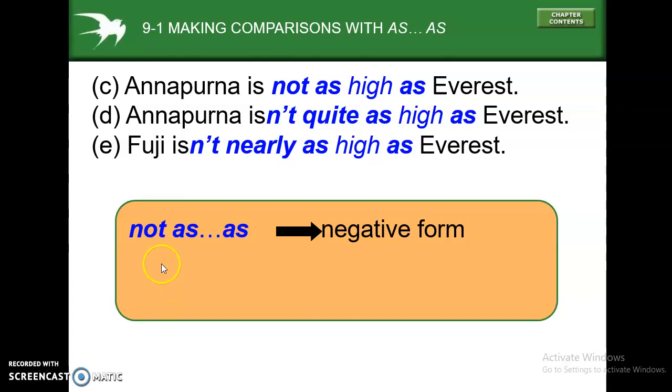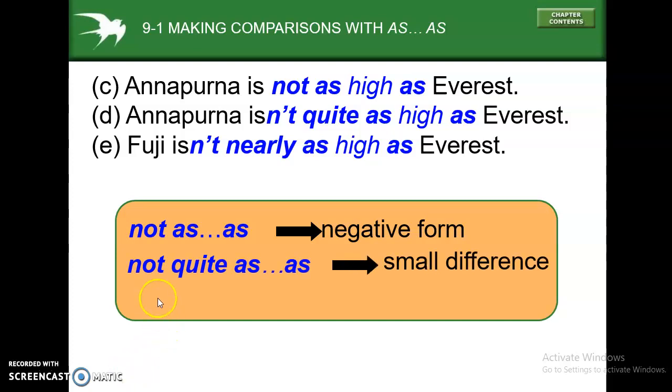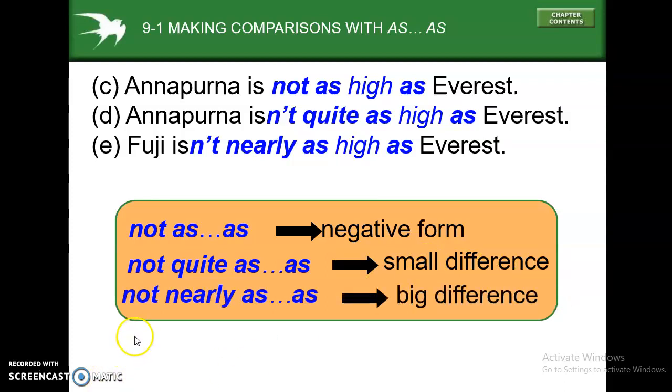We use "not as...as" for the negative form. "Not quite as, adjective, as" shows a small difference. "Not nearly as, adjective, as" shows a big difference. So if you use nearly, it means a big difference. If you use quite, it means a small difference. Okay?